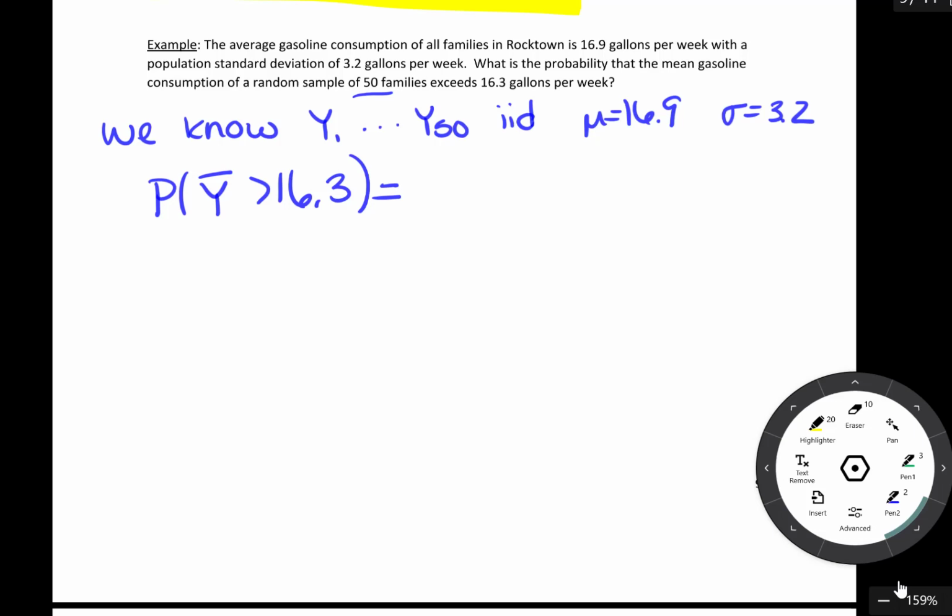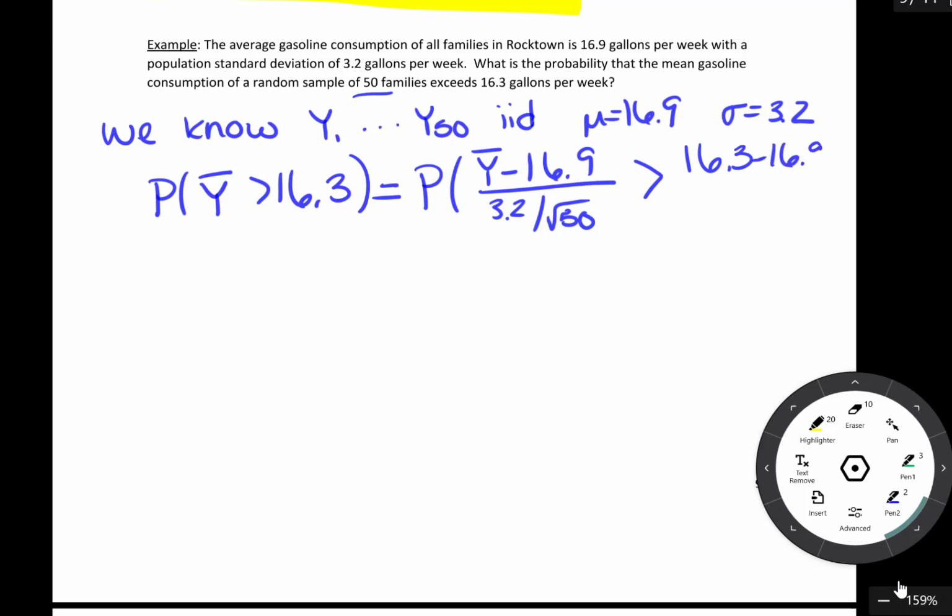And notice that is the same thing as the probability of y bar minus the mean divided by the standard deviation divided by the square root of the sample size is greater than, and now I'm going to do the same thing on the other side of the inequality.